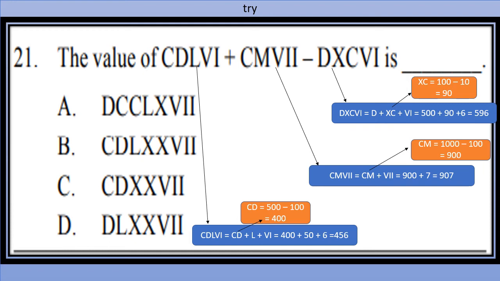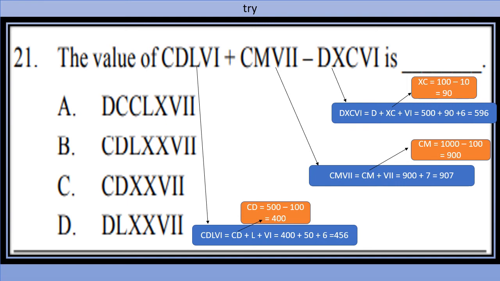Now we will break it into CM plus VII. CM is 1000 minus 100. Now M is 1000, C is 100. So 1000 minus 100 is 900. And VII is 5 plus 1 plus 1, 7. So 900 plus 7 is 907.